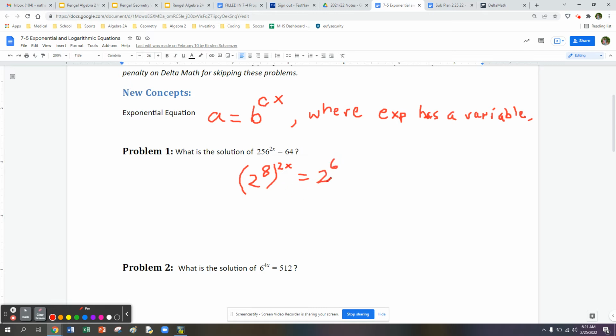Now I've got this common base of 2, and I have a power to a power, so I'm going to have 16x. So 2 to the 16x is going to equal 2 to the 6. Since they have a common base, I'm now just comparing their exponents. So 16x is equal to 6. Then I divide both sides by 16 and get x equals 6/16, which simplifies to 3/8. So 3/8 is our missing value.